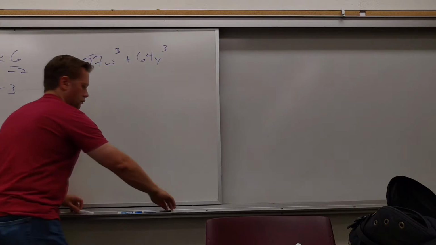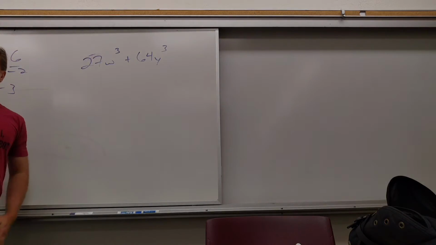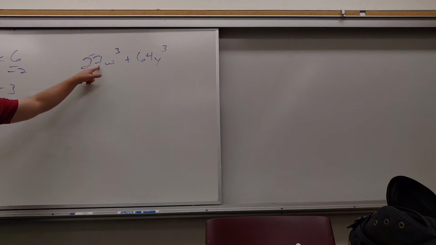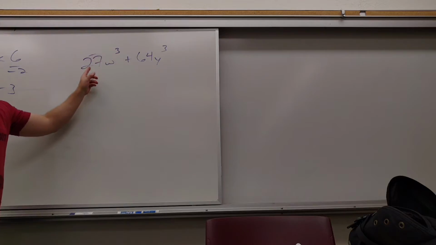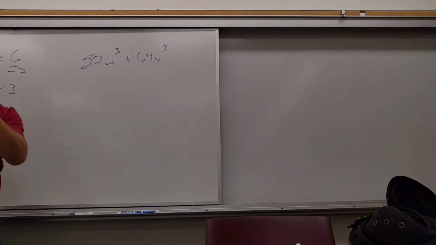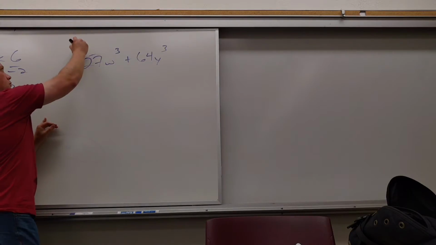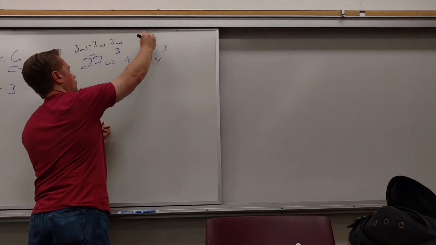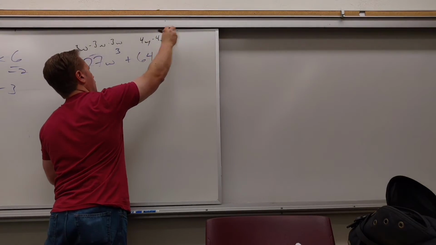So how do I know this is a cubes problem? Because it says cube. If I would have put a 25 there, it would not have been cubes. That can be broken up into three parts. So then you break it into three: 3W, 3W, 3W, 4Y, 4Y, 4Y.